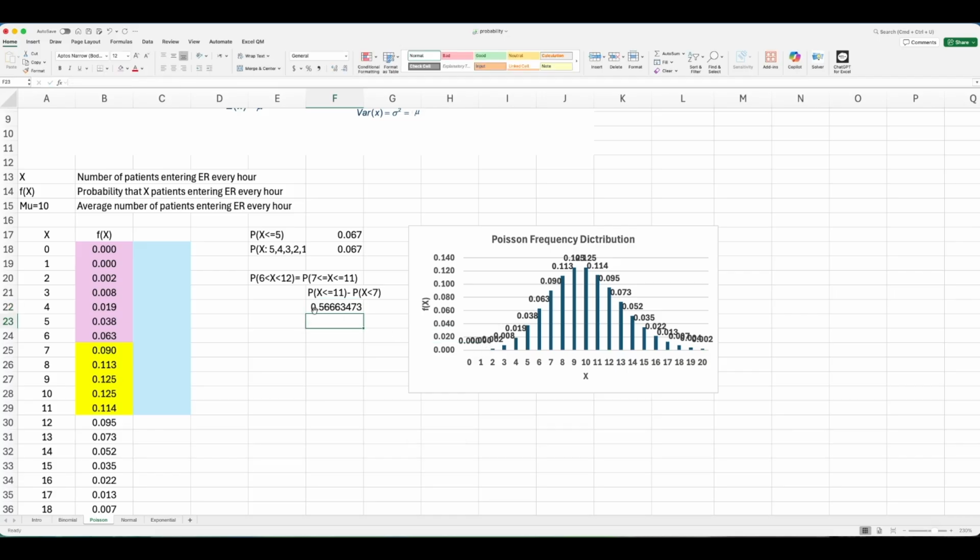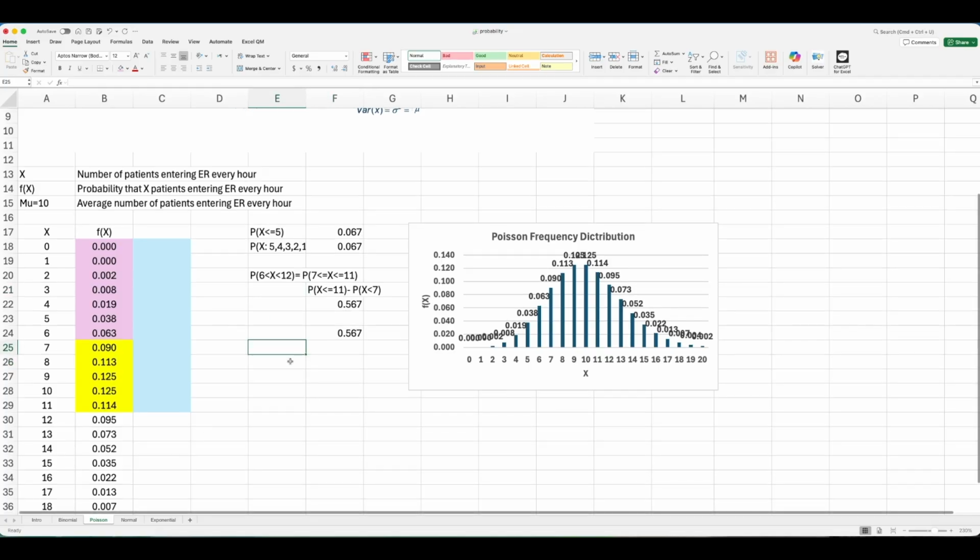So it is 56.6%. It's the same as if I get a summation over these yellow probabilities between 7 and 11. Almost the same probability. That's the chance that the number of patients coming to the ER is between 6 and 12 people, but not including 6 and 12 in the function.